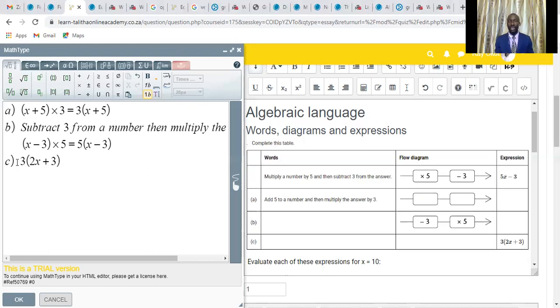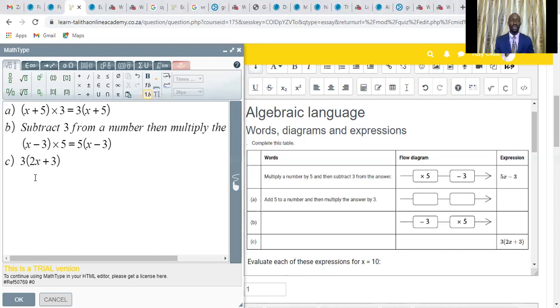How is it attached to a number? What number is the letter attached to? So when you look at that, you notice the number attached to the letter is 2 and the letter is x. So we could think of 2 and x, and between 2 and x we have times.